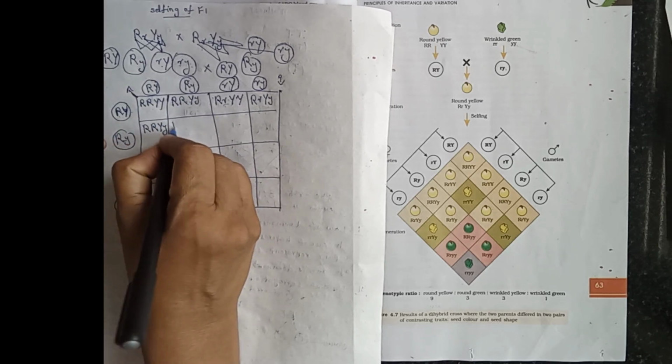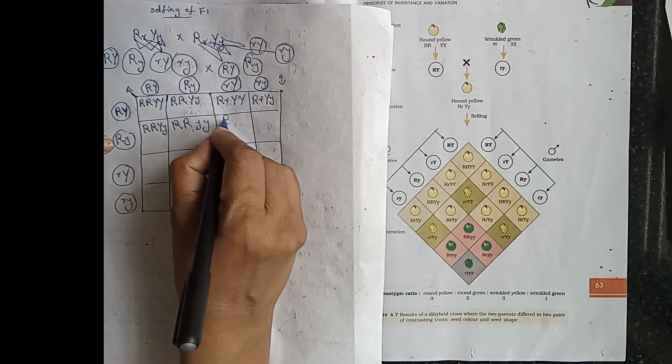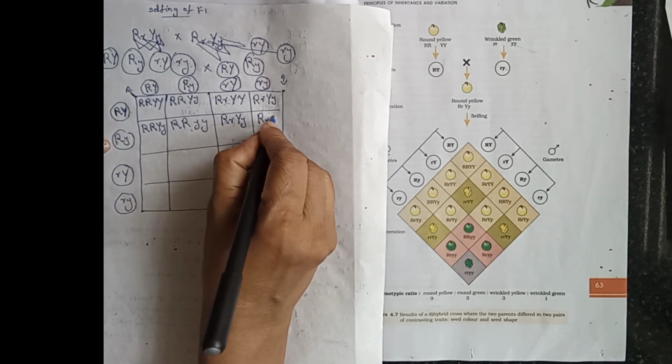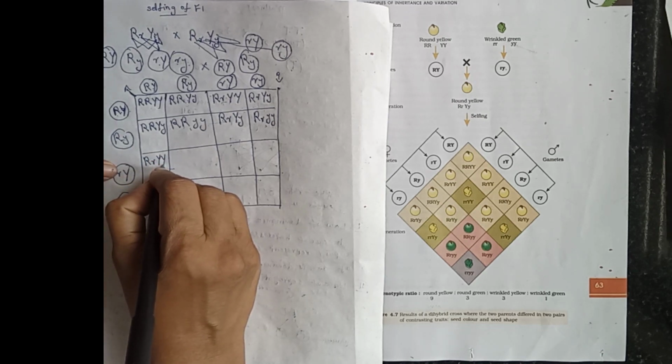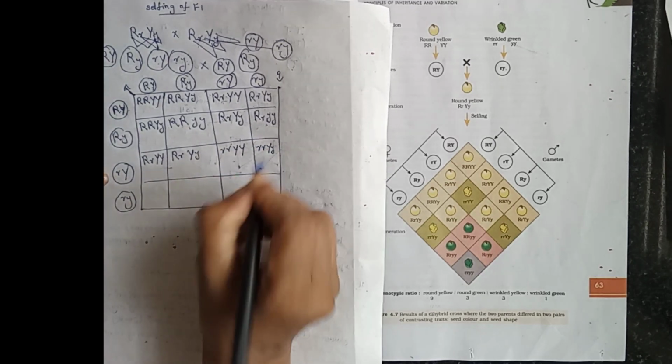Next row: capital R, capital R, capital Y, small y, capital R, capital R, small y, small y, capital R, small r, capital Y, small y, capital R, small r, small y, small y. Next capital R, small r, capital Y, capital Y, capital R, small r, capital Y, small y, small r, capital Y, capital Y, small r, capital Y, small y.